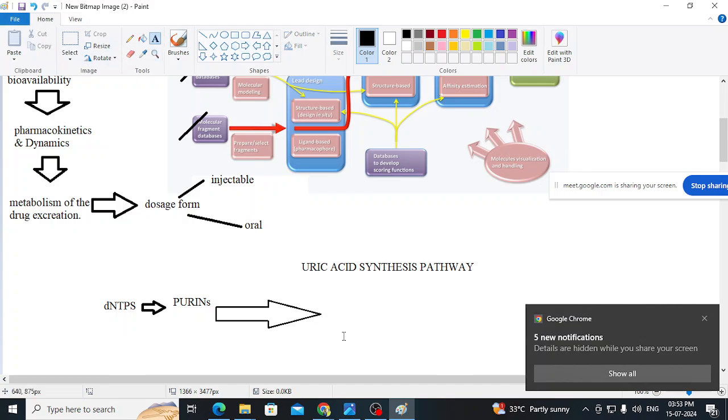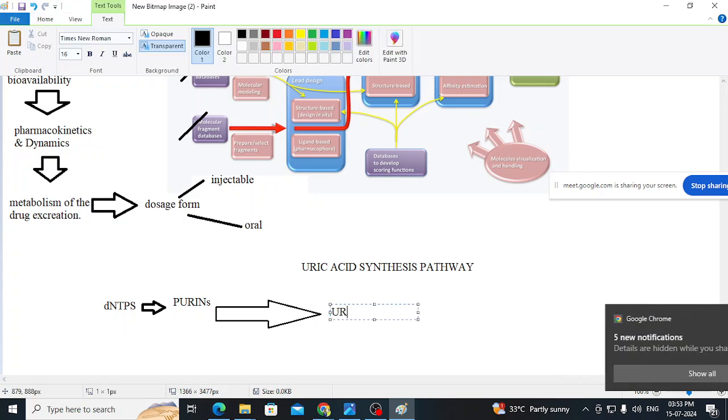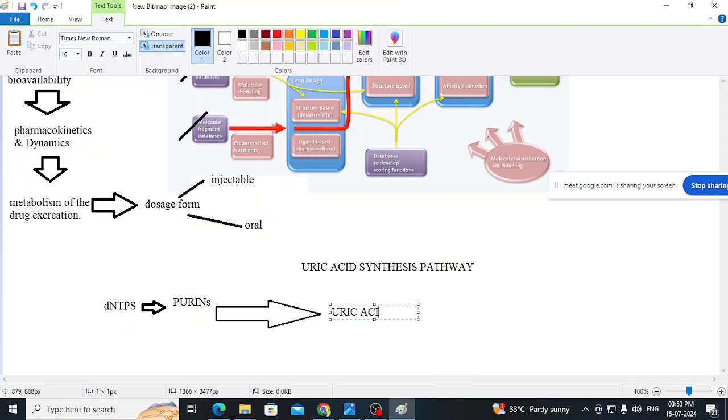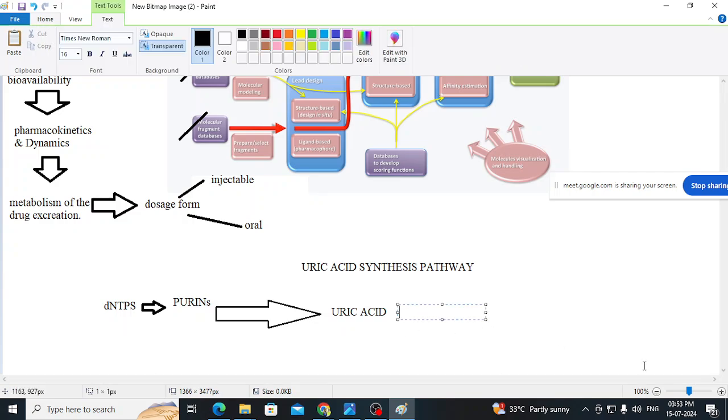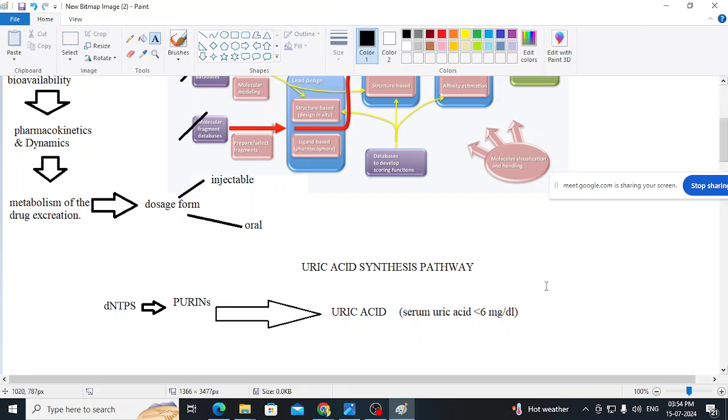The WHO recommended range of serum uric acid is less than 6 mg per deciliter. You remember this. So this is the recommended range of uric acid.